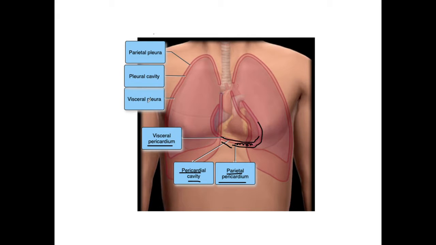Let's look at the lungs. Remember, lungs are called pleura. Same concept applies. If we're talking about the layer that's closest to the organ itself, here, that's the visceral pleura. If we're talking about the layer all the way on the outside that lines the actual cavity itself, that's the parietal pleura. And then between the two, we have a pleural cavity.